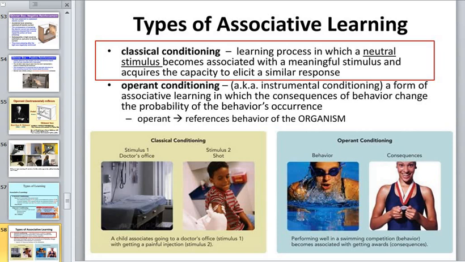But what is classical conditioning? A learning process in which a neutral stimulus becomes associated with a main stimulus and acquires the capacity to elicit a similar response.